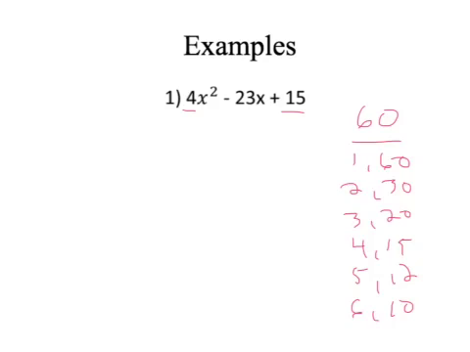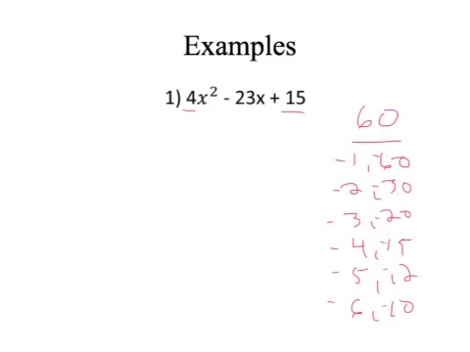Alright, now look at your signs. Since there's an addition in the back, that means that these numbers all have to be the same sign. And to determine what that sign is, you look at the sign in front of the 23. Since it's a negative sign, that means we want all of these values to be negative. Alright.